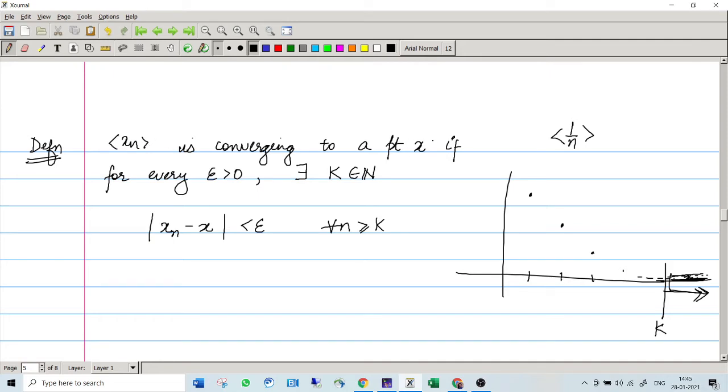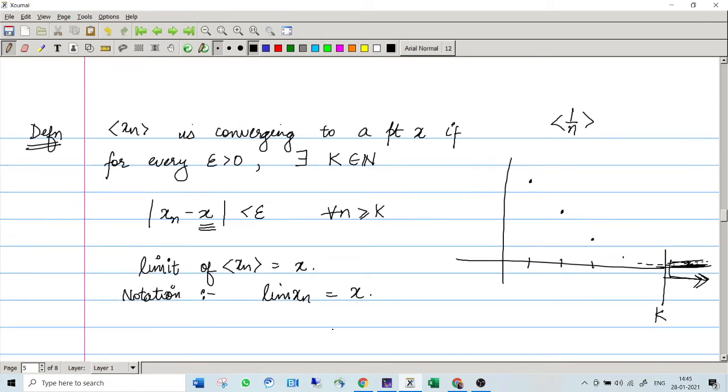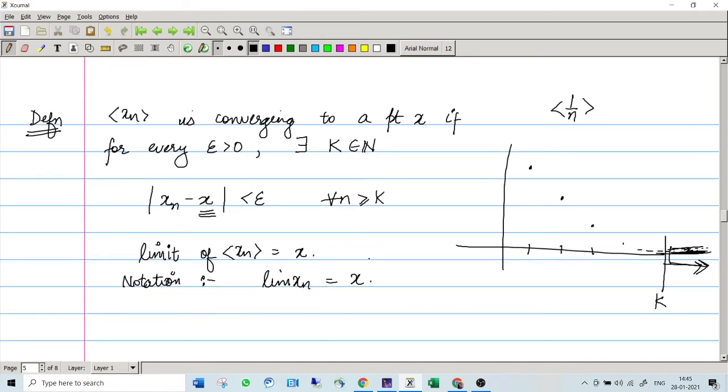Whatever number the sequence is converging to is called the limit. So the limit of the sequence xn is nothing but that particular number x to which the sequence is converging, and we denote it by limit xn equals x, right? So do you have any doubt anymore for this?